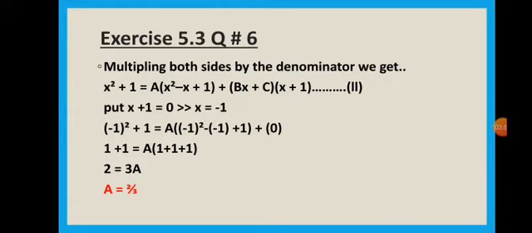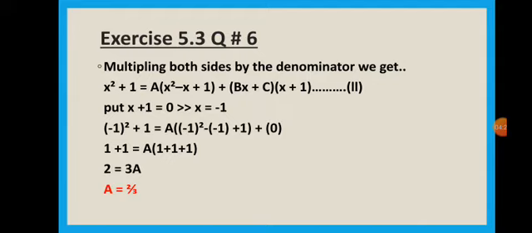So in the next term, Bx plus C into x plus 1, the factor x square minus x plus 1 that was in the denominator is cancelled out by x square minus x plus 1, as we are multiplying both sides by x plus 1 into x square minus x plus 1.